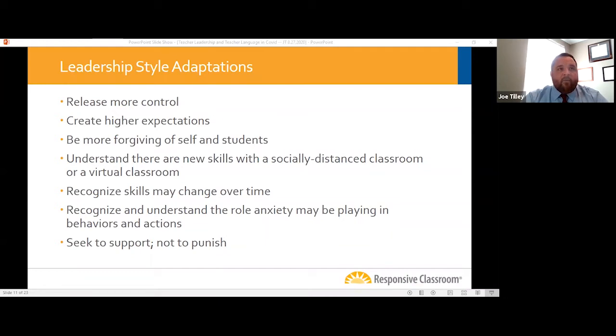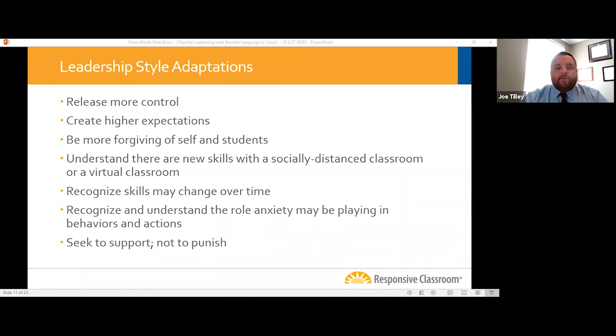Anxiety is going to be around the normal things, such as I'm struggling with math, and now I'm being taught math, and that creates anxiety for me. Now we're going to have anxiety of, oh my gosh, everybody is going to see where I'm sitting in my home because I've got my computer in front of me. And the anxiety of, I really hope my little brother doesn't come running in here while I'm trying to learn.